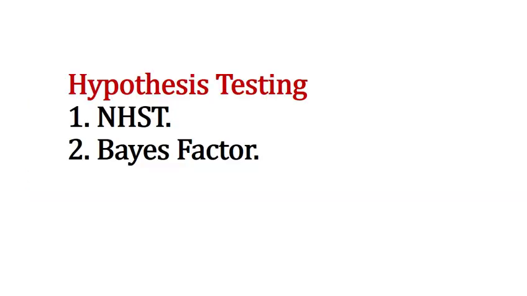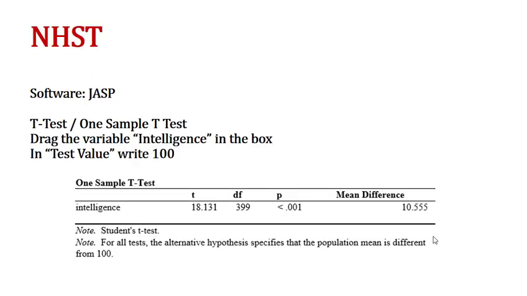Okay, so now the third category of approaches is hypothesis testing, and we've got two approaches: NHST, null hypothesis statistical significance testing, and the Bayesian approach, which uses Bayes factors.